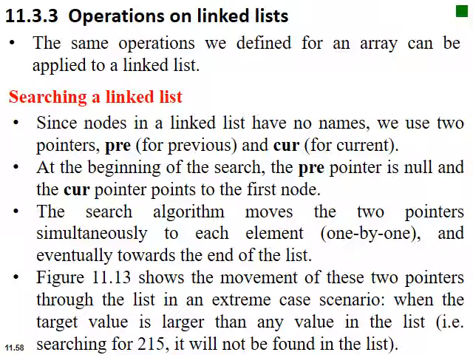Now at the beginning of the search, the pre pointer is null, because imagine you are pointing at the first element of the list, the current pointer is going to point to that, and there's going to be no node before that, and for that reason the pre pointer is going to be null. The search algorithm moves the two pointers simultaneously to each element one by one, and eventually toward the end of the list.